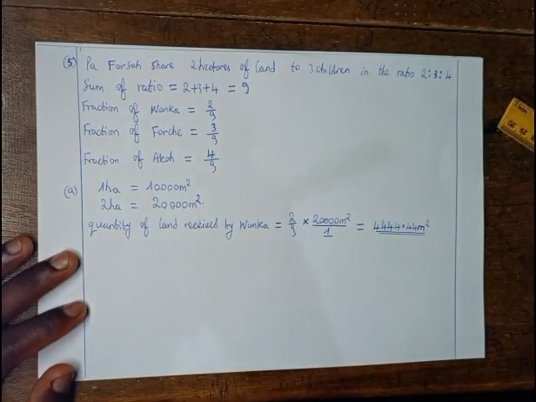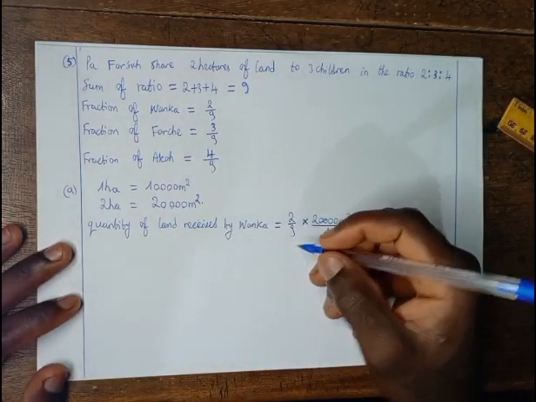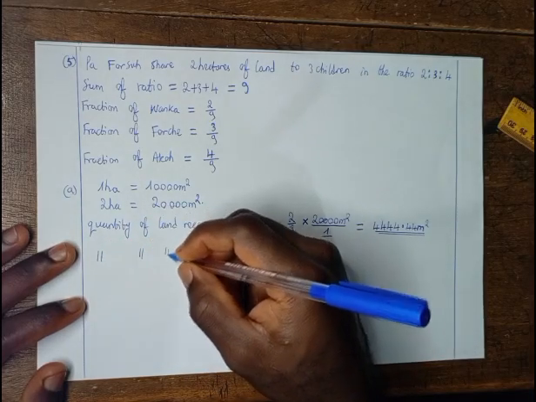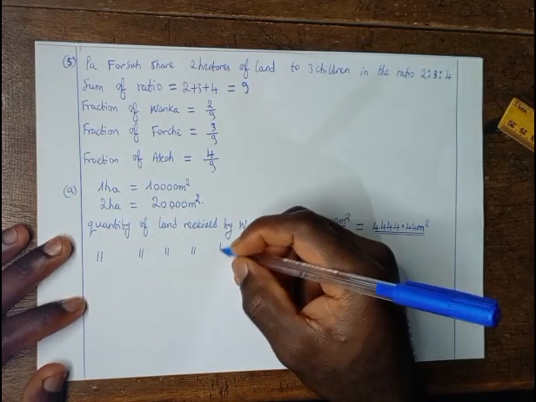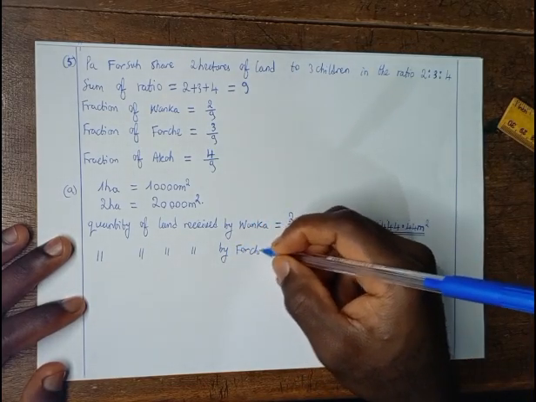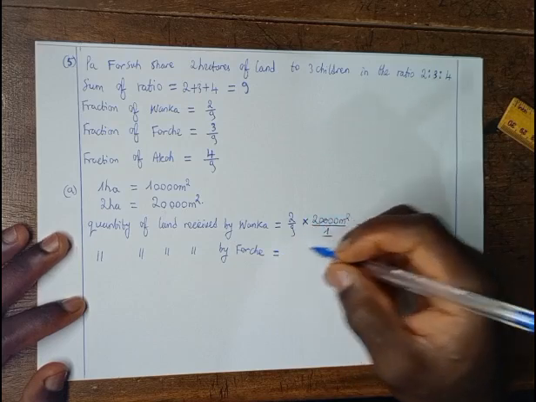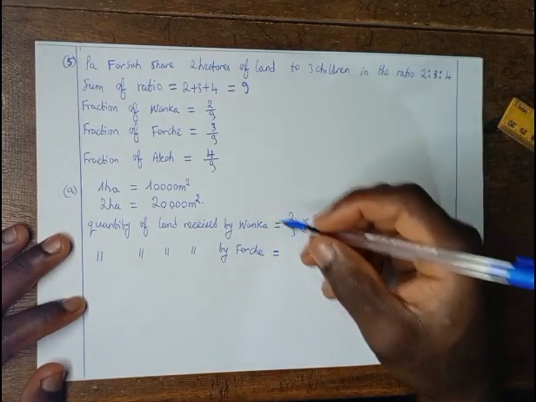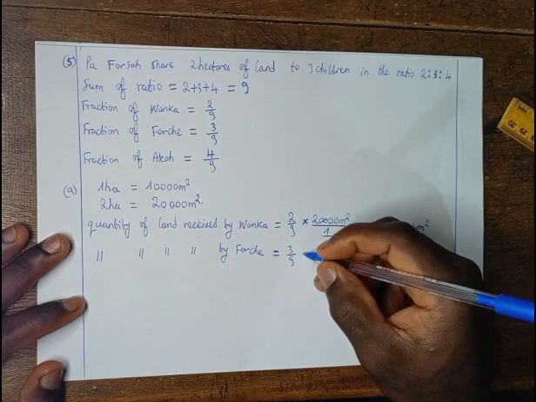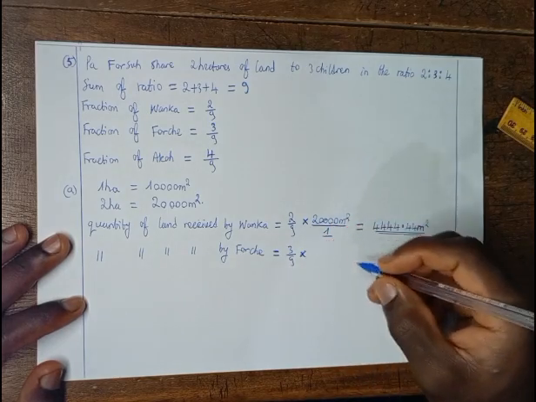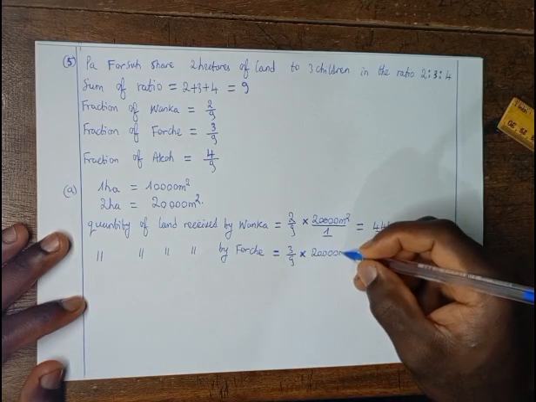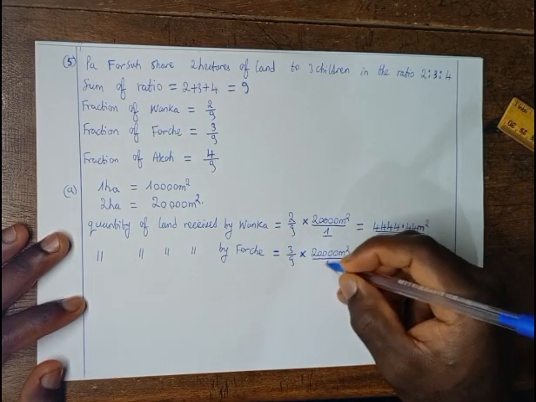Next, we go to the quantity of land received by the second child. Quantity of land received by Uche is simply equal to, we are going to multiply Uche's fraction, 3/9, by the total portion of land, which is 20,000 meters squared over 1.